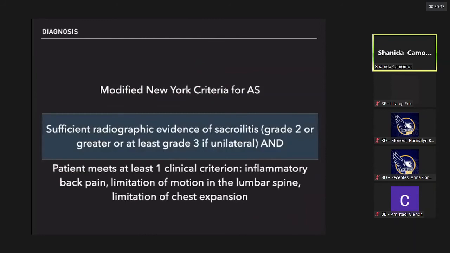So this is the modified New York criteria for AS as the diagnosis. There should be sufficient radiographic evidence of sacroiliitis, either grade 2 or greater, or at least grade 3 if unilateral. And the patient meets at least one clinical criterion, like inflammatory back pain, limitation of motion in the lumbar spine, or limitation of chest expansion.